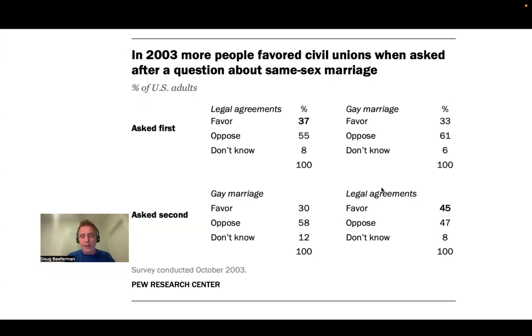If you first asked about civil unions and legal agreements, you got a lower number than if you first asked about same-sex marriage and then asked about legal agreements, because the respondents were primed to think about a larger range of possibilities.